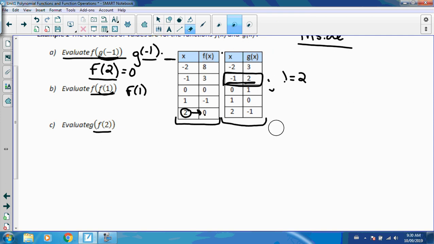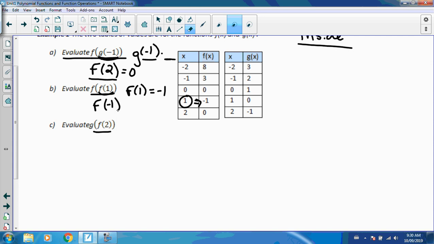The f of 1 is negative 1. So this is really saying the f of negative 1, because this inner bit is negative 1. What's the f of negative 1? 3. So this equals 3. So I can conclude the f of f of 1 is 3.